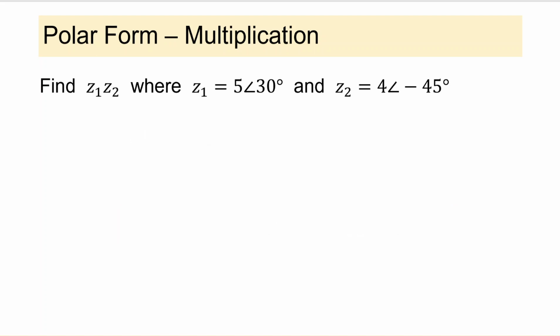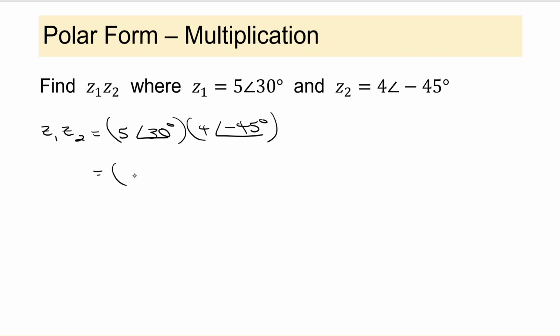So let's do an example here. I want to multiply these two complex numbers in polar. So 5 angle 30 degrees times 4 angle negative 45 degrees. So what am I going to do?